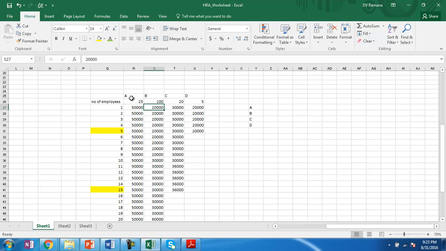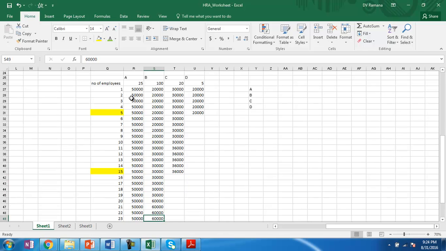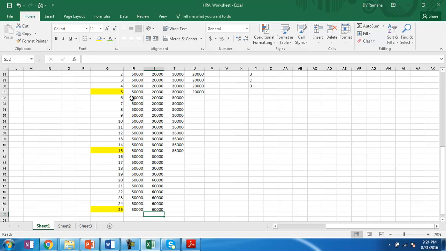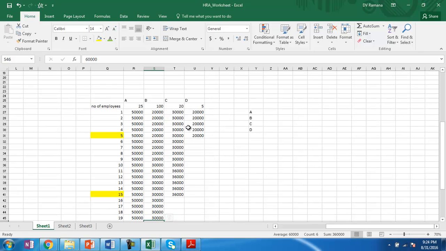Another group, which consists of 100 employees, is going to get 20,000 for the first 10 years, then 30,000 for the next 5 years, and in the last 5 years they get 60,000. The third category will get 30,000 up to 10 years and 36,000 for the next 5 years. And the fourth category has 5 persons who are going to get 200,000 for the next 5 years.